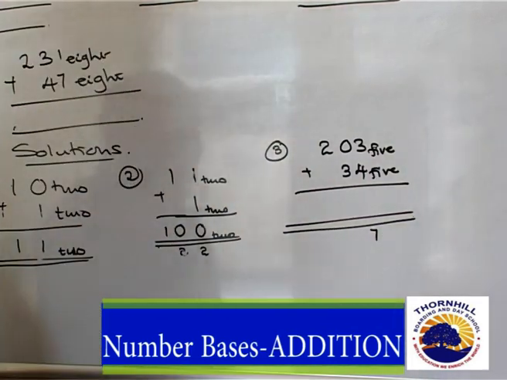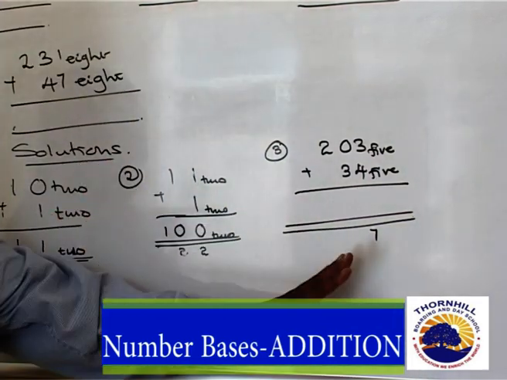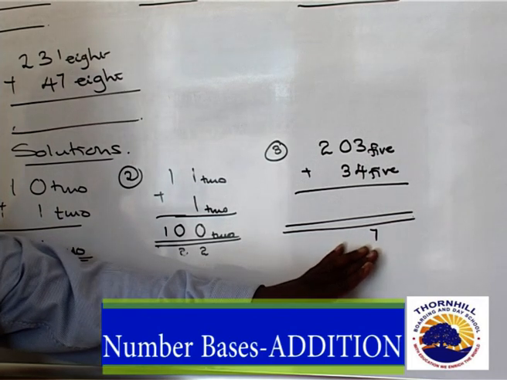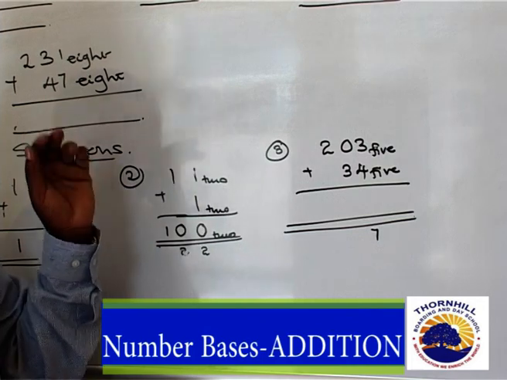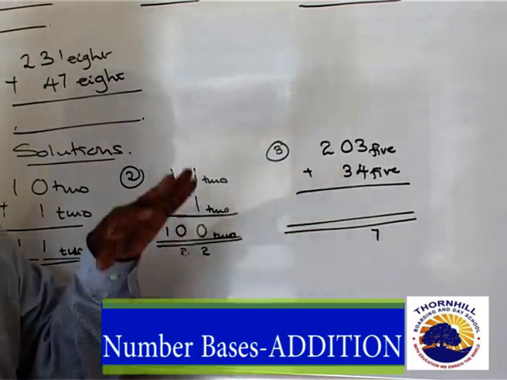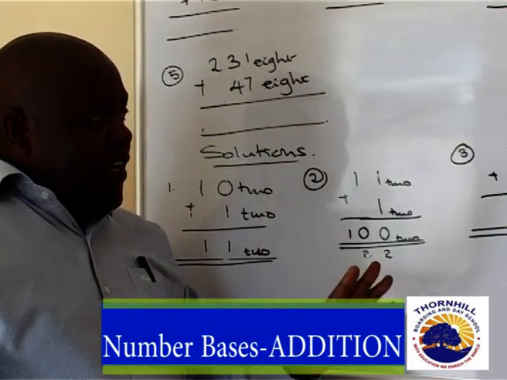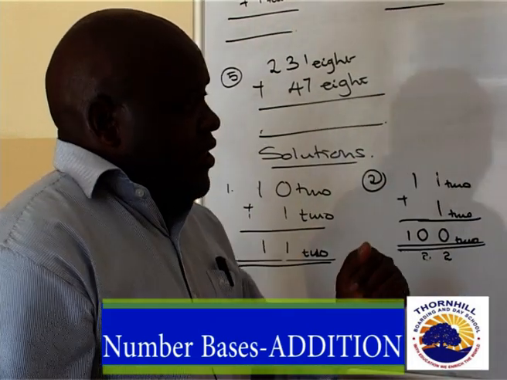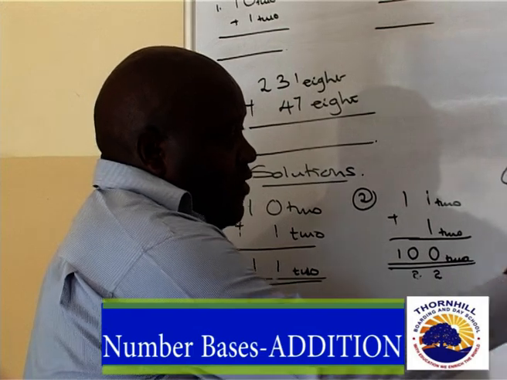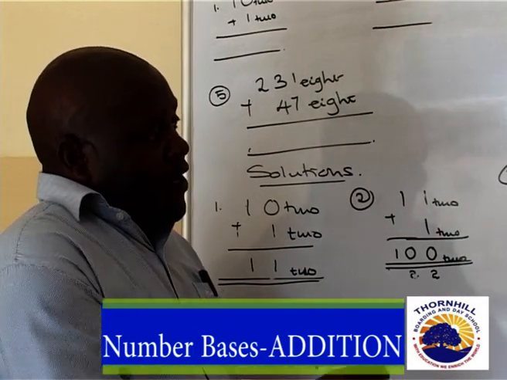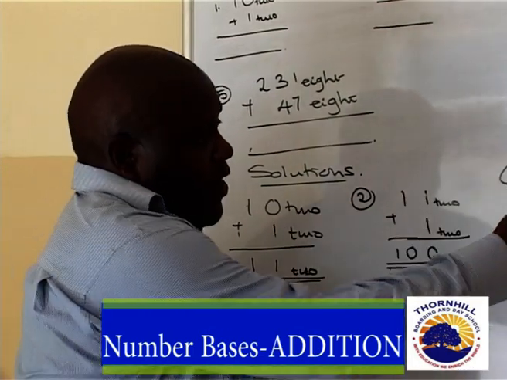We said in base 5, the highest digit is 4. So we can't write a 7 here. So what do we do? We find out how many 5s. When we are counting in other bases, we count in sets. So we are counting in sets of 5. When it's 5, we don't write it, you write it as a group. So 7 there, we say now 5 into 7.